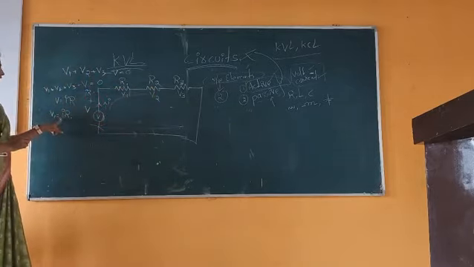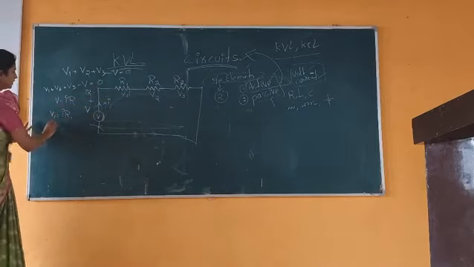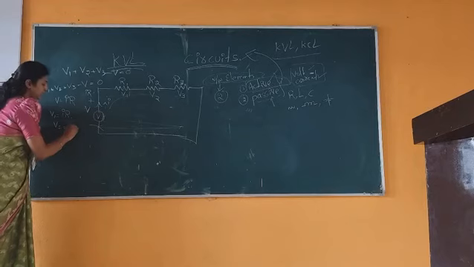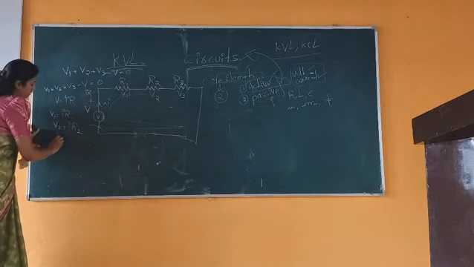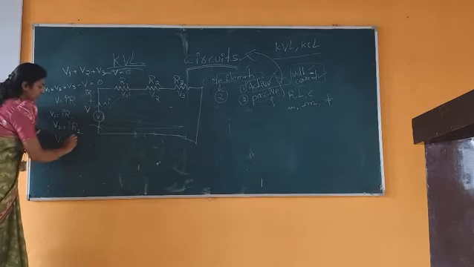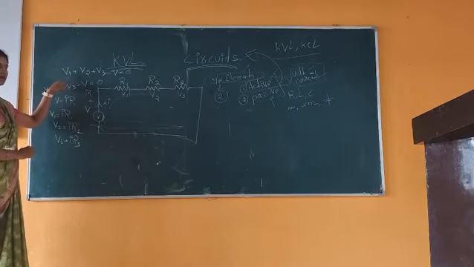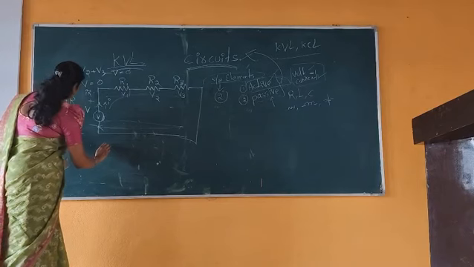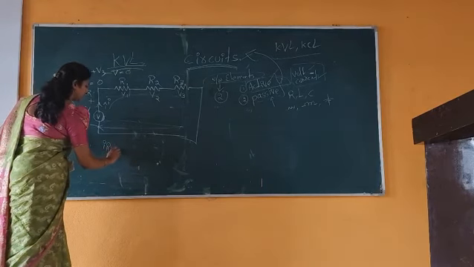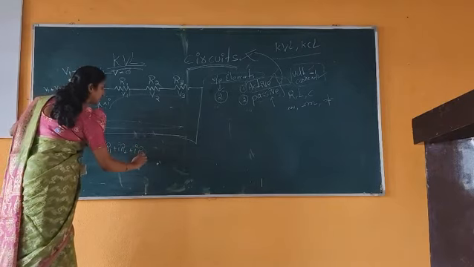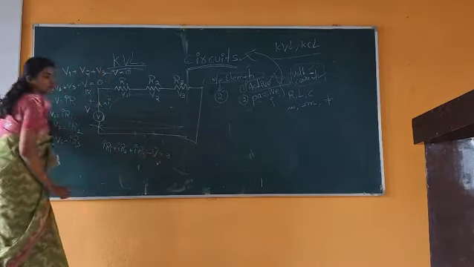So V1 is equal to I into R1, V2 is equal to I into R2 as the current is the same, and V3 is equal to I into R3. Substituting these values in the KVL equation: IR1 plus IR2 plus IR3 minus V is equal to 0.